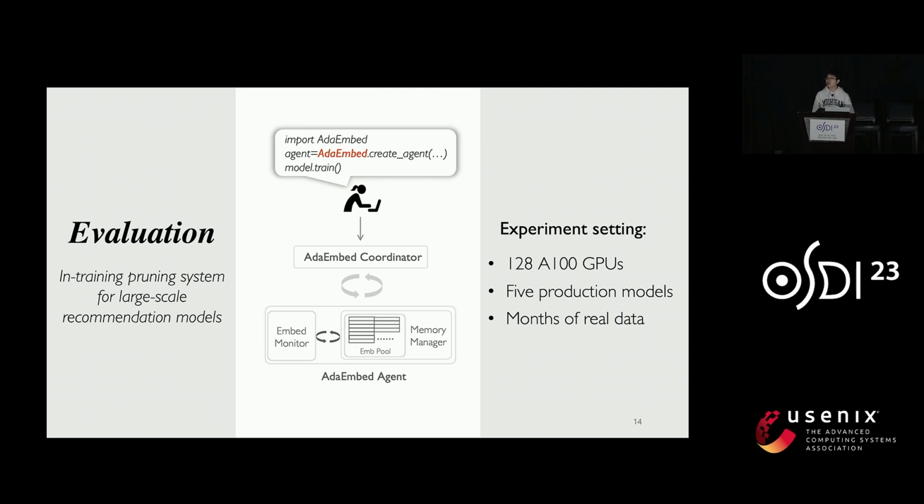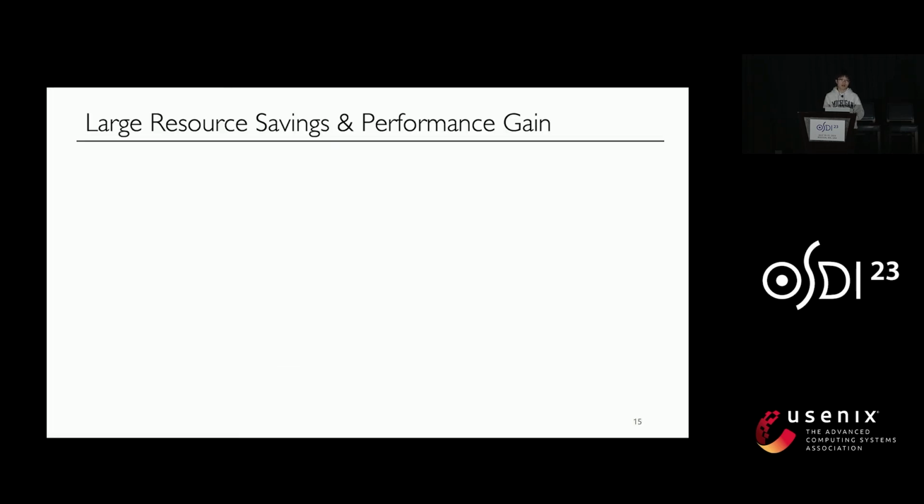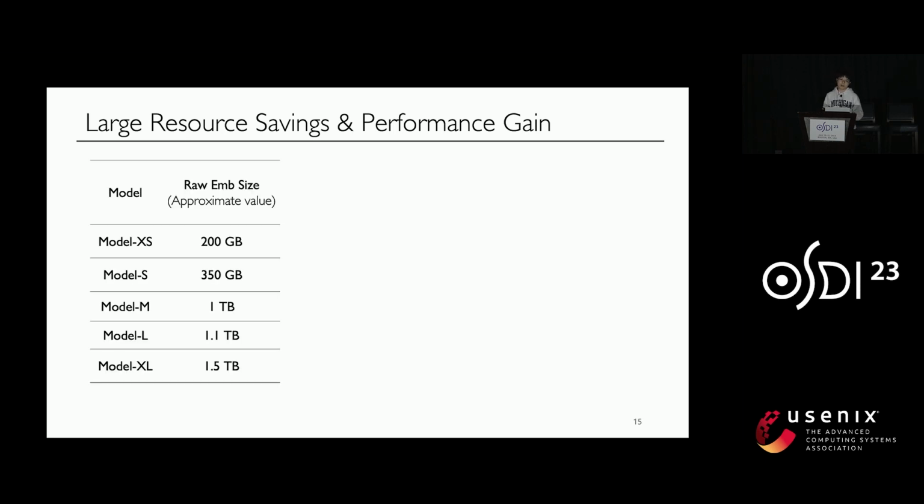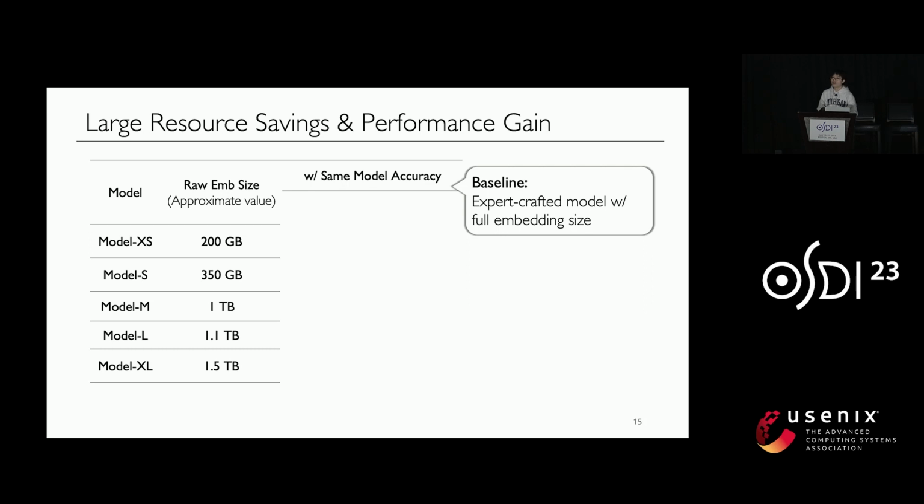We train each model over months of real-life data. In our evaluation, we care about the amount of resource savings and model accuracy. This table summarizes the results of those 5 production models, named by their total embedding size from hundreds of gigabytes to terabytes.